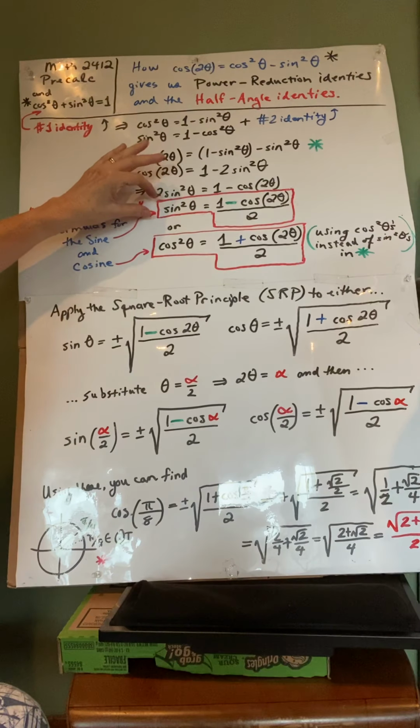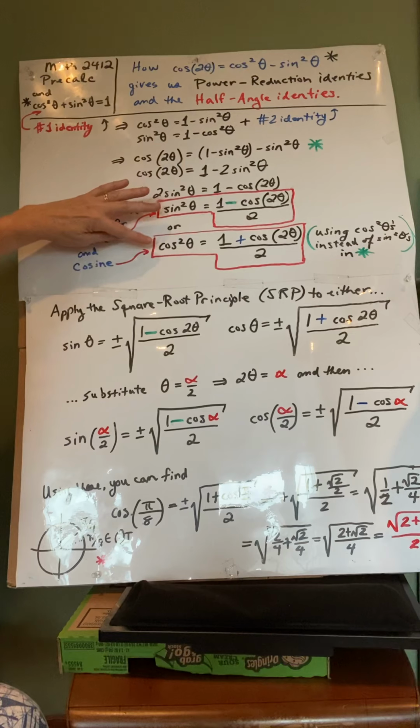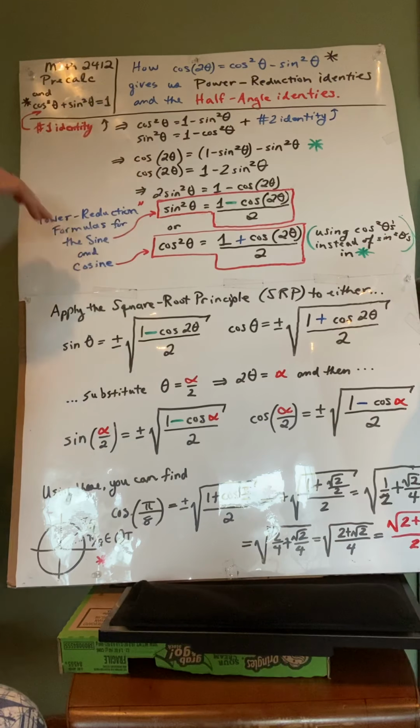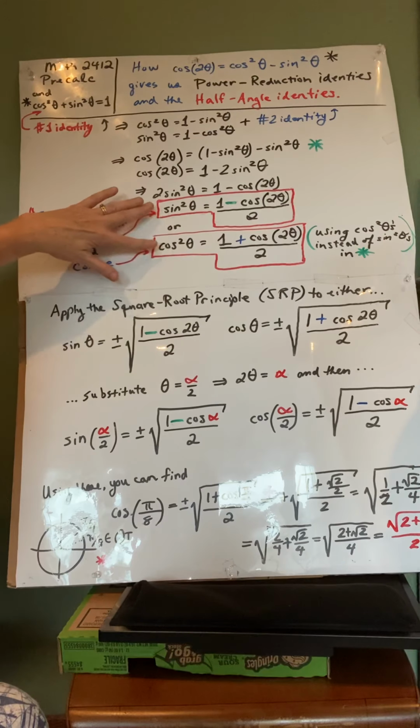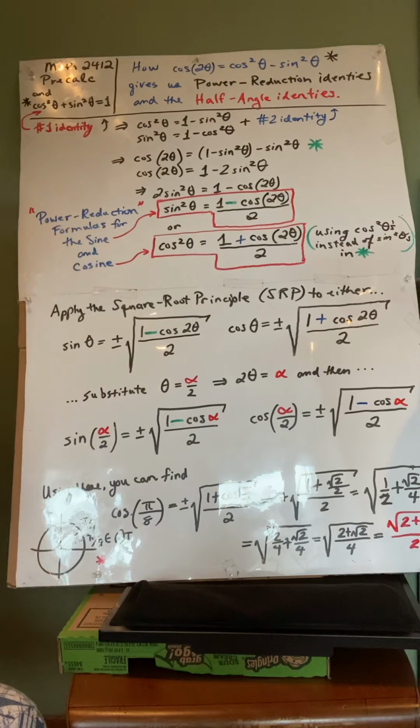Integrating the left-hand side is nigh impossible. So in fact, when you have square powers of the sine or the cosine, you often use these power reduction formulas to go from a square to a power of 1 of a trig function. And that helps a lot.